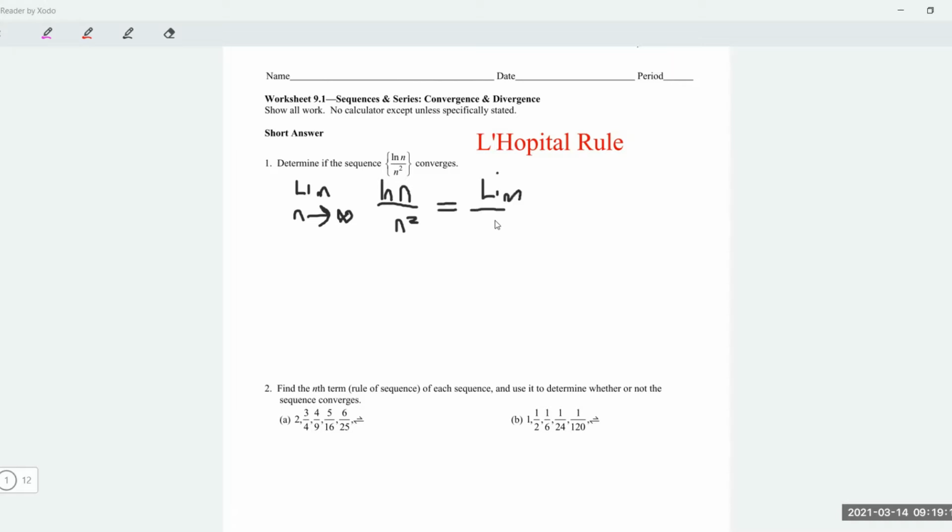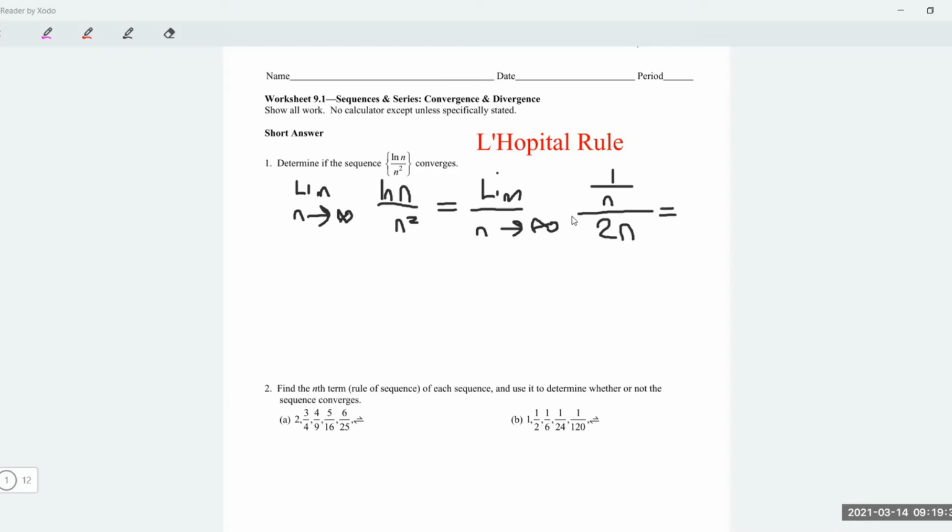as n approaches infinity of, what we're going to do now is differentiate ln n. Differentiating ln n, we get 1 over n, divided by, when you differentiate n squared, you get 2n. Now you have 1 over n over 2n.